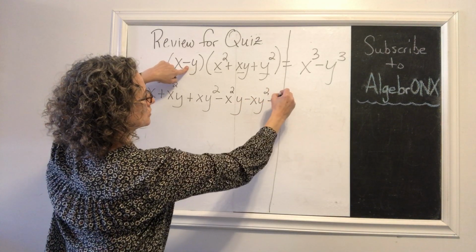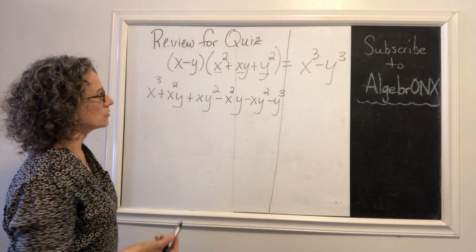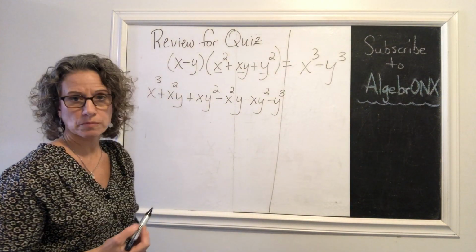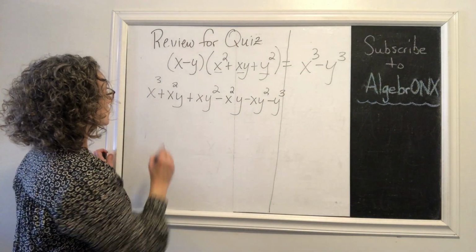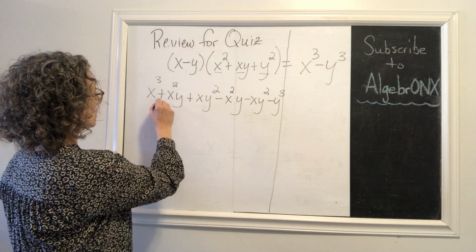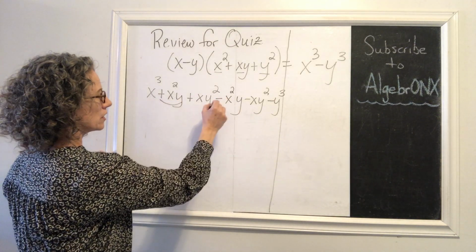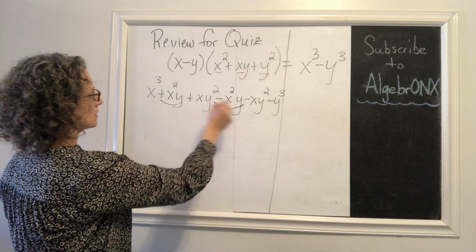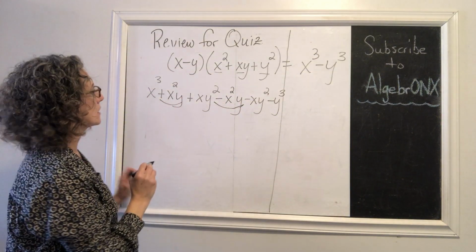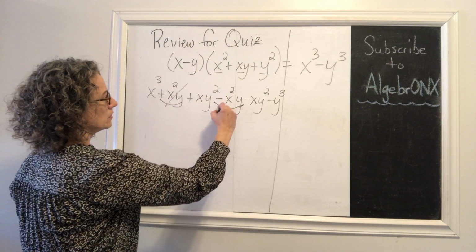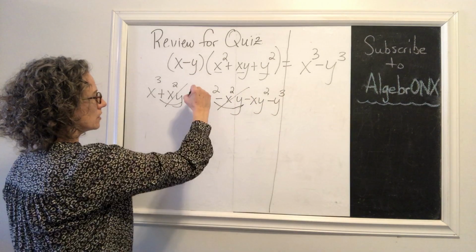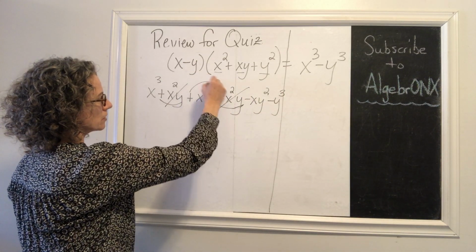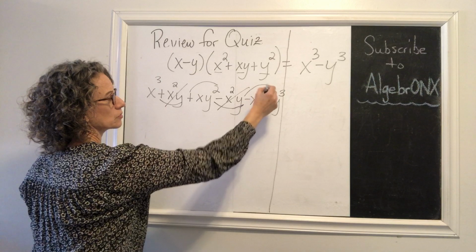Okay, now I'm going to try to see if there are any like terms that I can group together. So I have an x squared y here and an x squared y here. One's positive, one's negative. That's good because they'll cancel. So they cancel out. And then I have an xy squared here with a minus xy squared here.